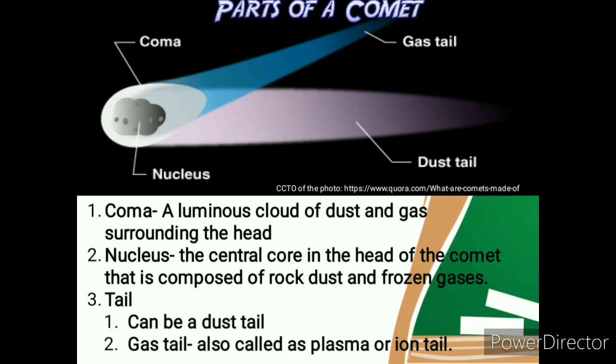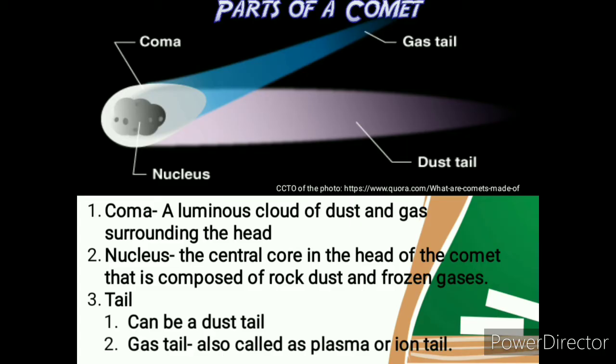Because it's burning up, some portion of the comet disintegrates, and this forms the dust tail as it revolves around the sun while burning up and taking its orbit. Once it burns up, some parts of the rock or the dust can become the dust tail.